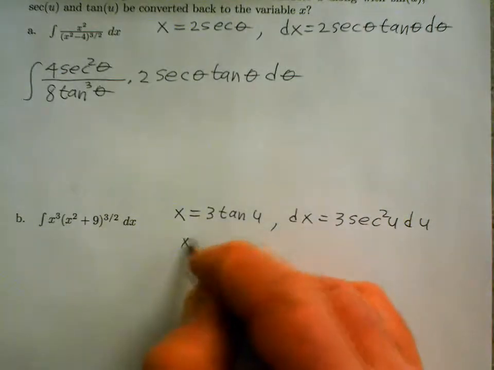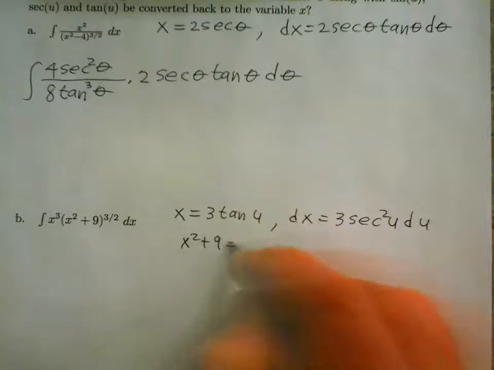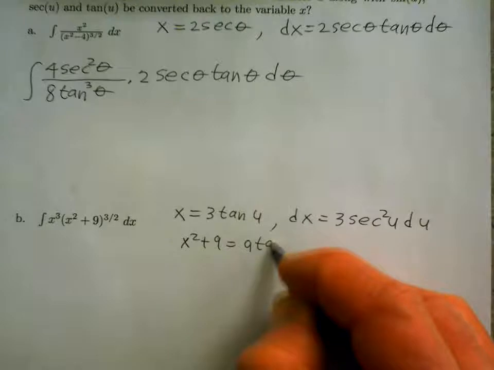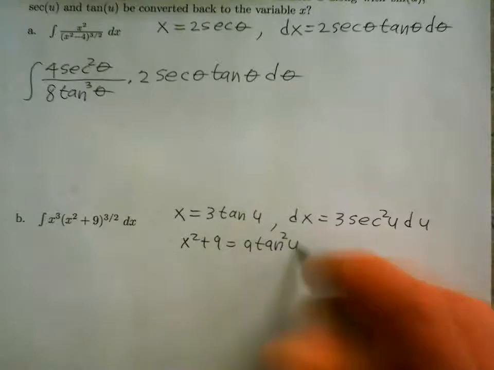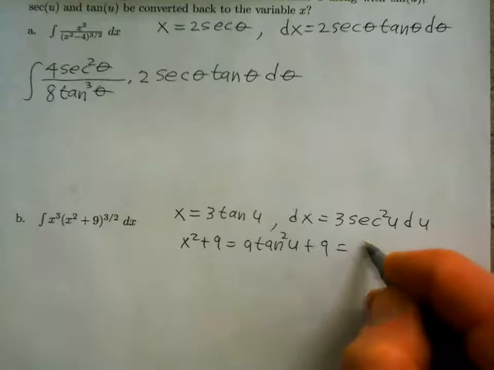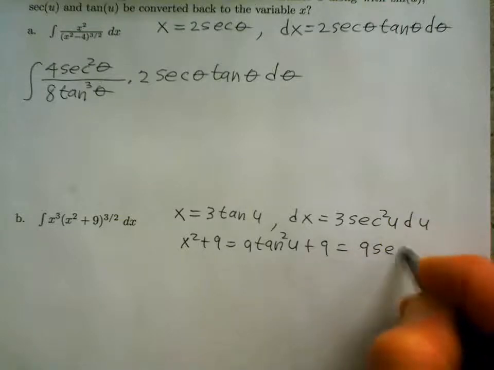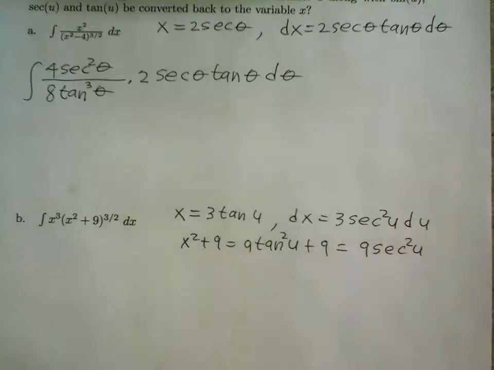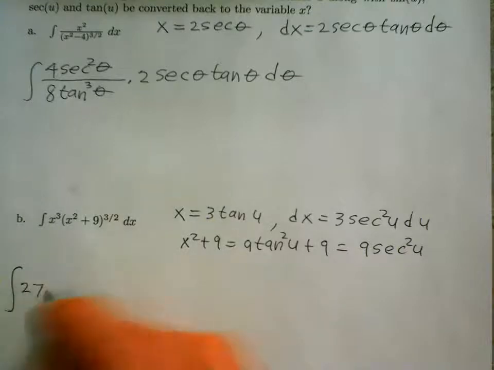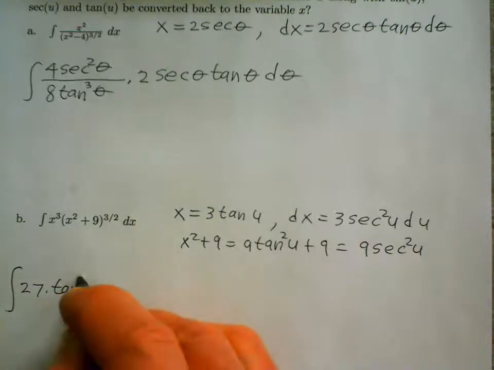So the x squared plus 9 is 9 times tangent of u squared plus 9. That simplifies using the identity to 9 times secant of u squared. So replace x to the 3rd with 27 times tangent of u to the third.